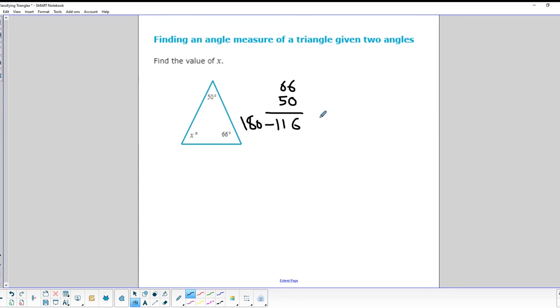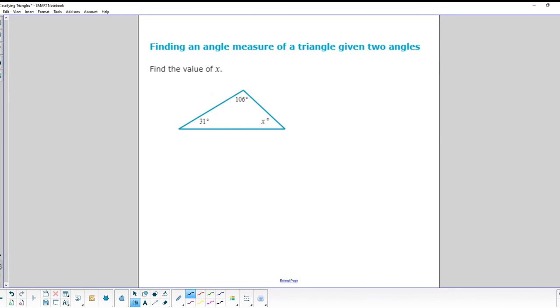And so that would give you, let's see, if I add 4 to 116, that would be 120. And I need another 60 to get to 180, so this would be 64 degrees. So our last angle over here would be 64. So that would be an acute triangle.